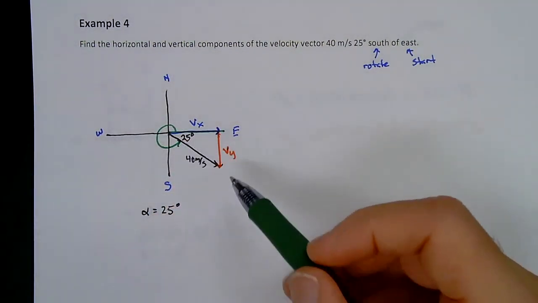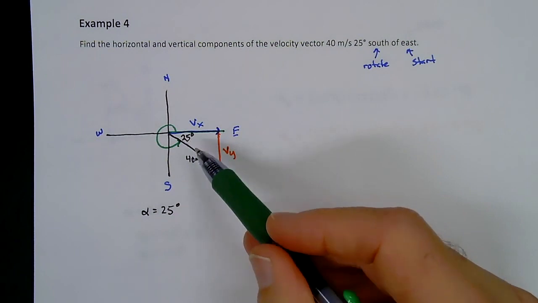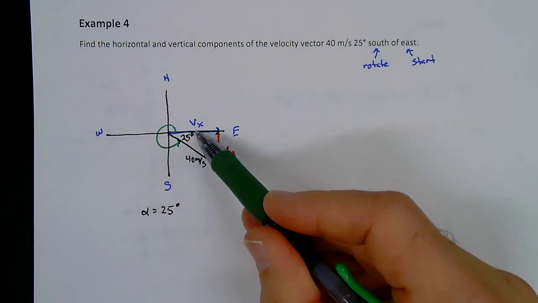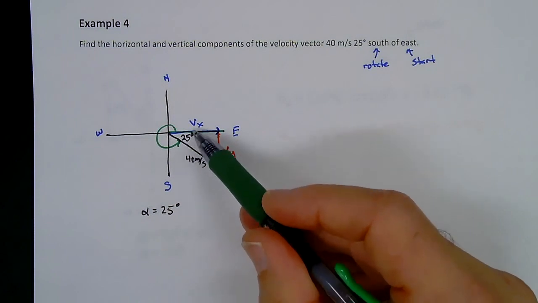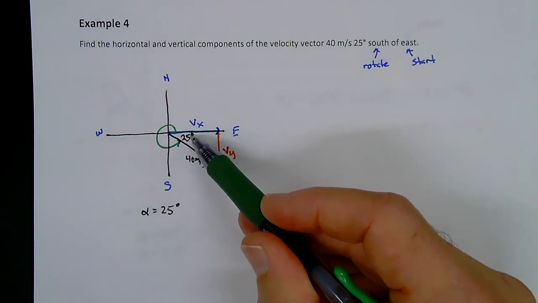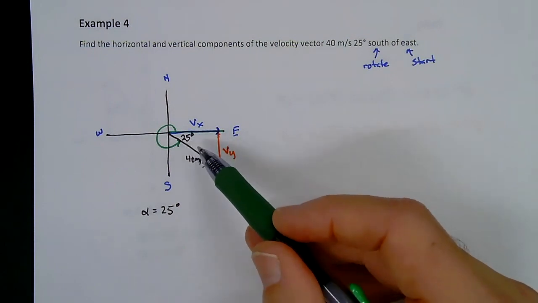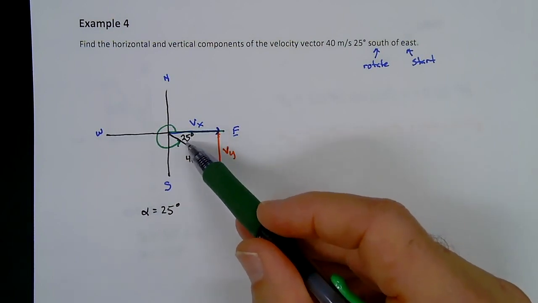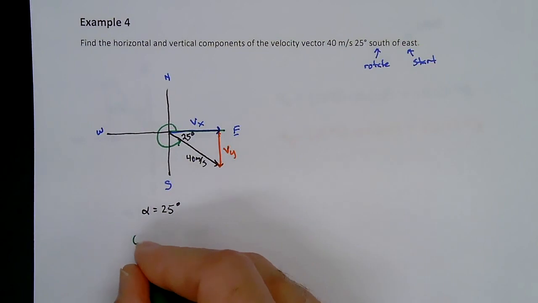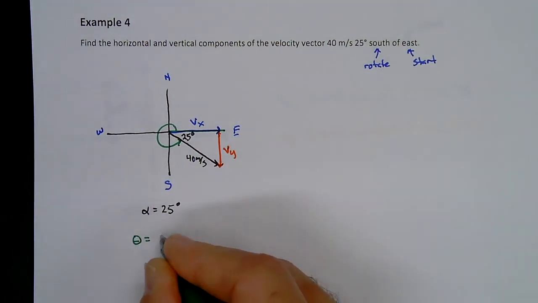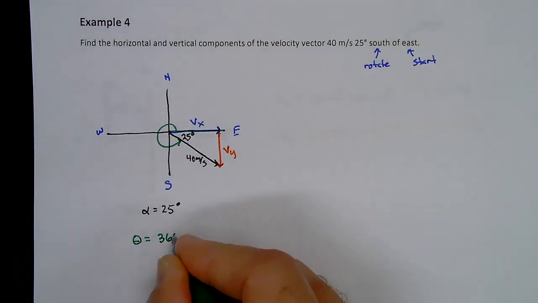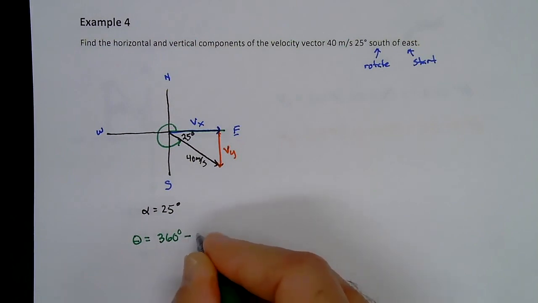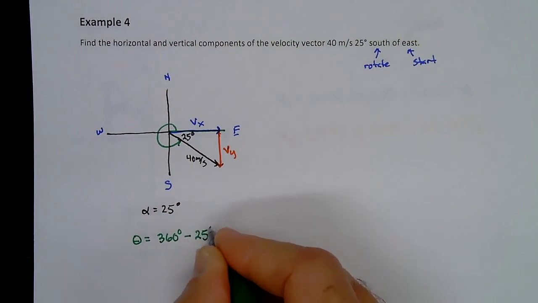Now, because I know this 25-degree angle, if I come all the way around, I know that that's a 360-degree rotation. But that would be too much rotation. So what I'm going to have to do is back off 25 degrees. And that would be the angle that I rotate. So it's 360 minus 25 degrees. So theta is equal to 360 degrees minus 25 degrees.